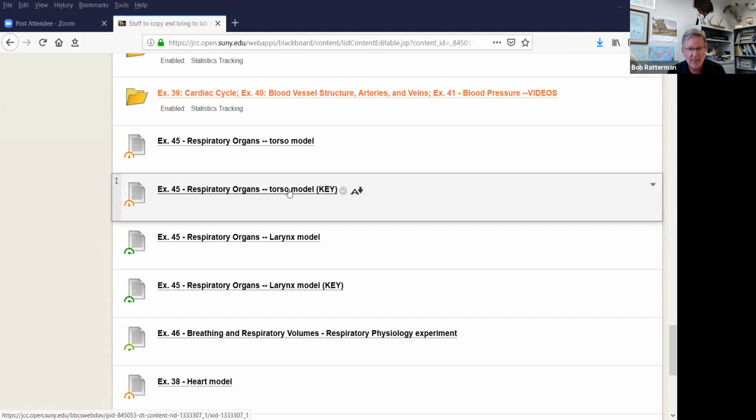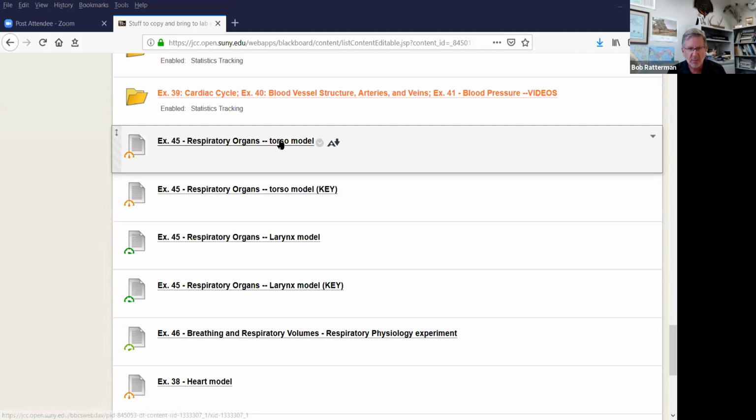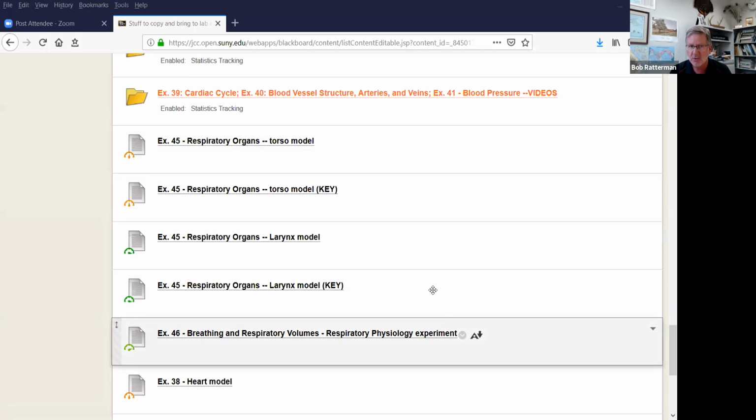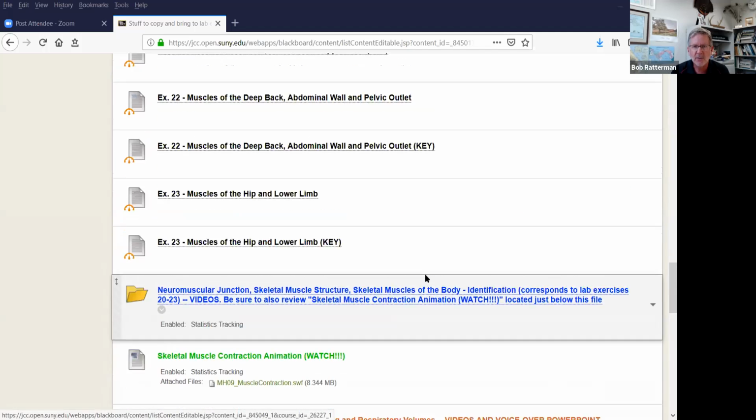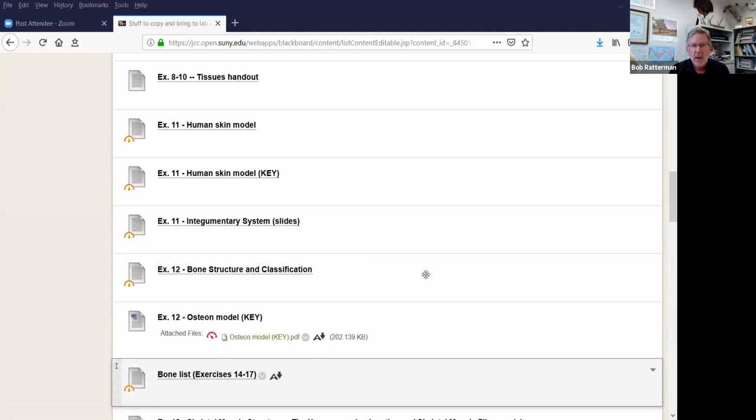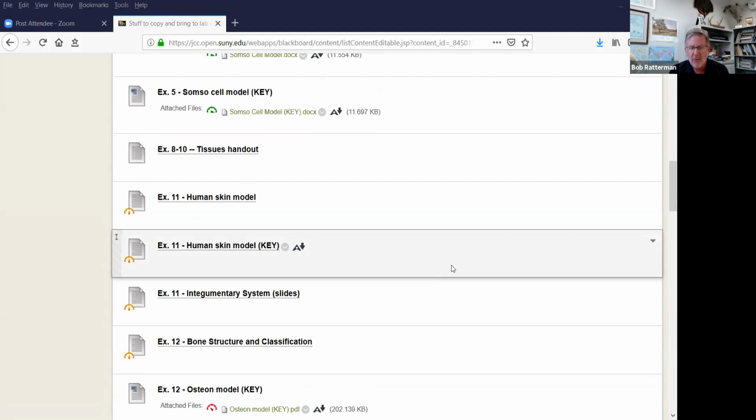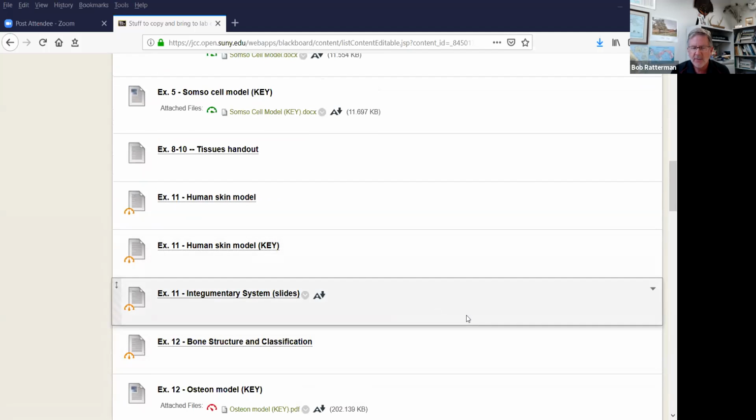I'll try to remember to bring hard copies each week, but certainly you should bring those diagrams that have you fill in the number that corresponds to a particular structure. Yeah, that's what those models pretty much are. I have said that it would be helpful to print all this stuff off, and then you can use the 3-hole punch in the lab, put it into a small, cheap binder, and bring the binder each week, and then you've got everything you need. You don't have to worry about, well, what do I need to bring this Thursday?